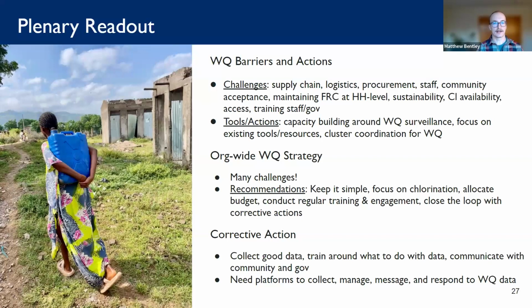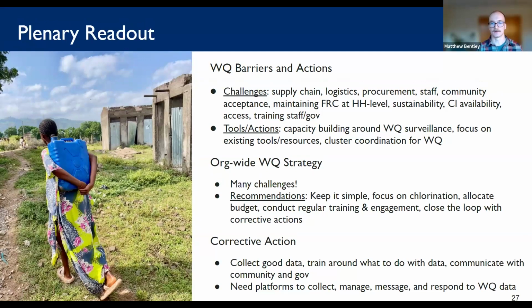So making sure that we're regularly checking back in, continuing to promote this water quality strategy within an organization at different levels to make sure that it's getting the follow-through that's needed, because it's very important to those of us who are in the water quality realm, but the importance of maintaining that might differ at different levels within an organization. So, continuing that training and engagement at a regular pace.